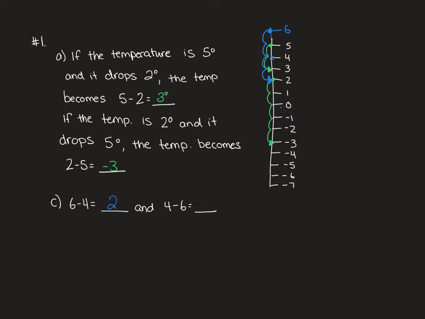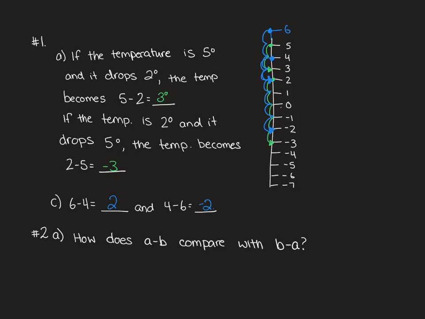But if I start at 4 and I subtract 6, 1, 2, 3, 4, 5, 6, I end up at -2.